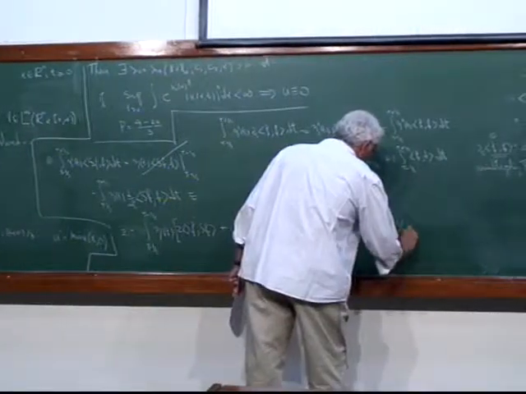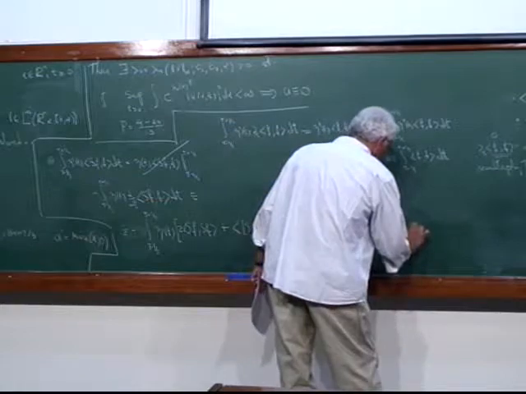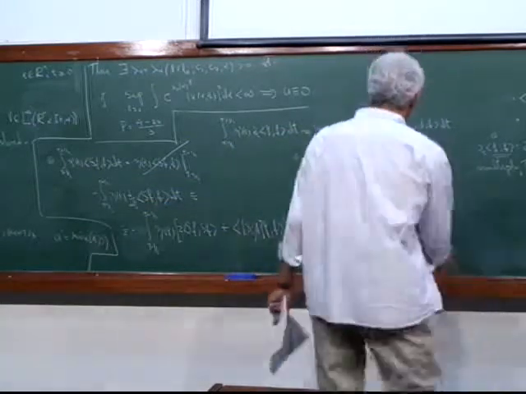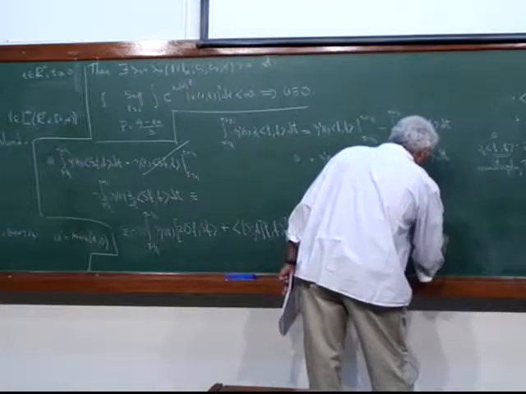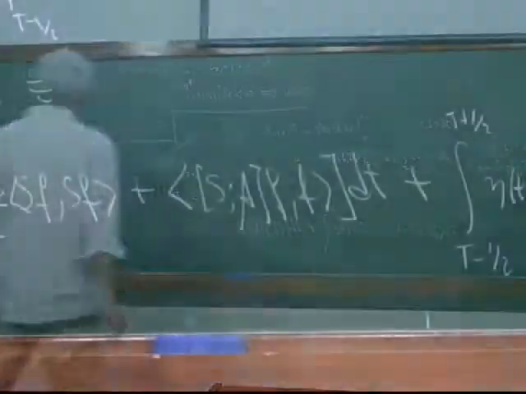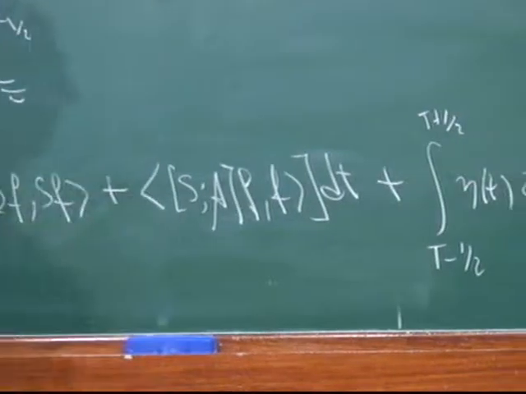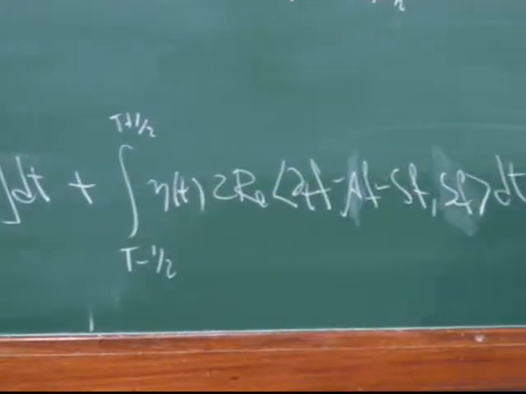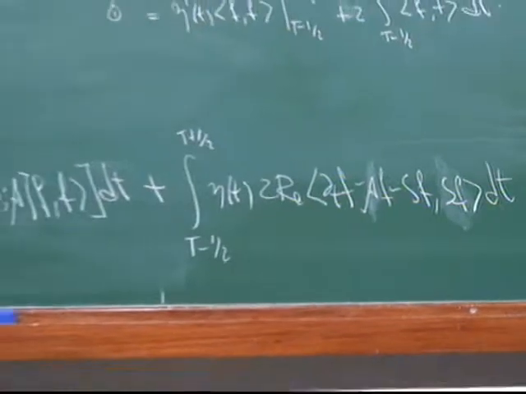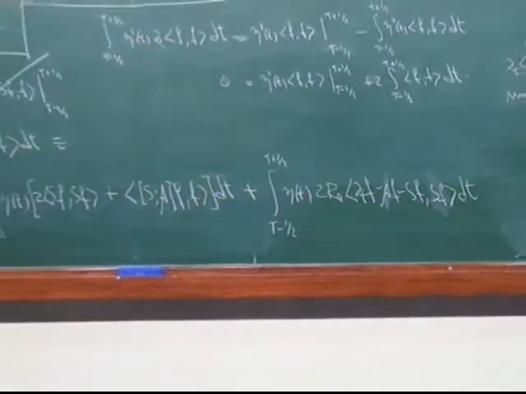Twice the real part of STF minus S of F. Okay. Then 2 is equal to this, 1 is equal to this, and we leave the other one. I think that we don't have to use this anymore.